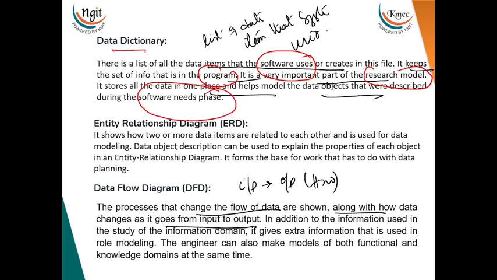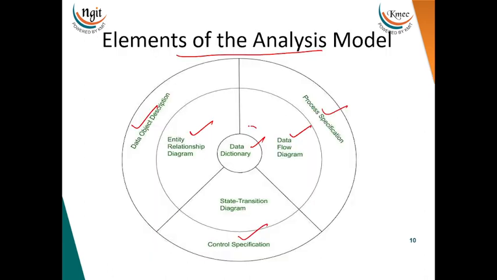So the data dictionary is the central point of contact, the starting point where all the files are created. As we move on through the software phases, we have to take that information, the list of data items that the software uses or creates. The objects created during the software are kept in this file. This is the center of it, the data dictionary.